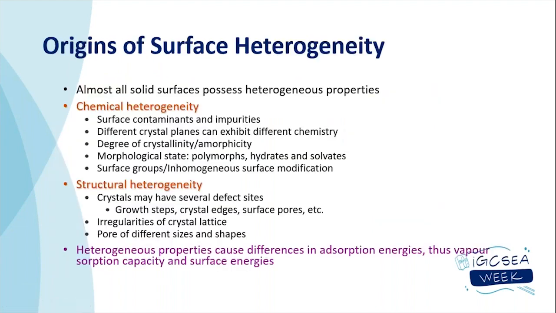So the information that I showed previously was what's often called infinite dilution surface energy. We can also look at the heterogeneity of the surface by doing a range of experiments over a range of concentrations, and this will allow us to look at a surface energy heterogeneity.